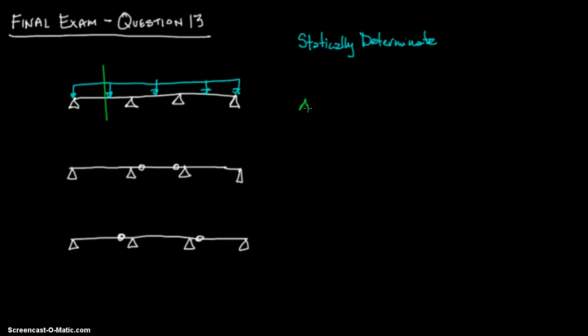For instance, we'll cut it right there. Let's just give these some arbitrary numbers. We'll say this is 10 foot, 10 foot, 10 foot, and we'll say this is 100 PLF. Okay, let's cut it at 5 foot.